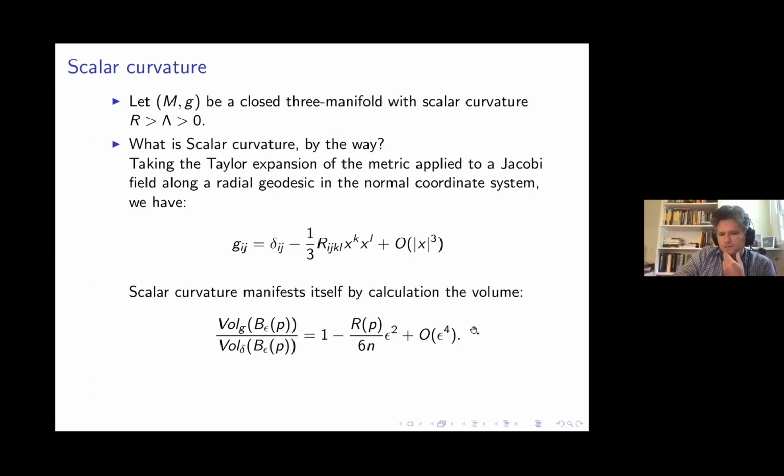So basically, a metric of positive scalar curvature is giving me a condition infinitesimally on the level of volume, of having slightly less volume than the Euclidean one. So it sounds like a very soft condition, and it is. I'm going to mention that at least locally, it's a very soft condition.